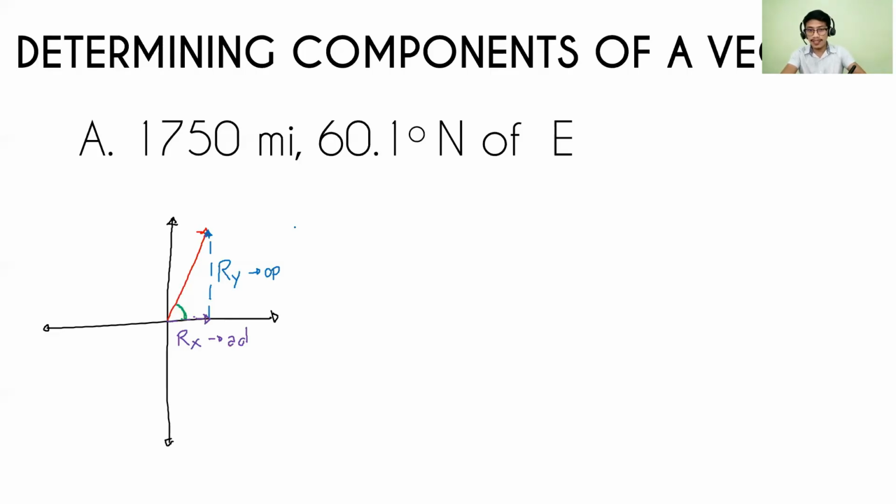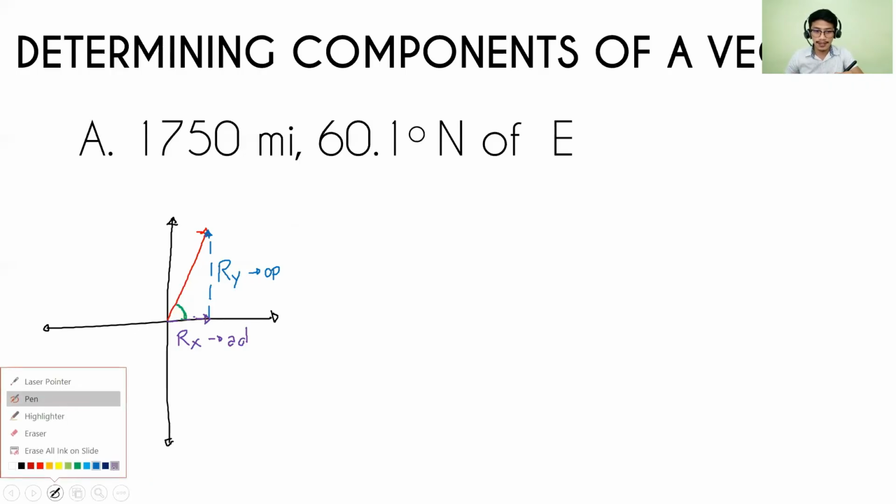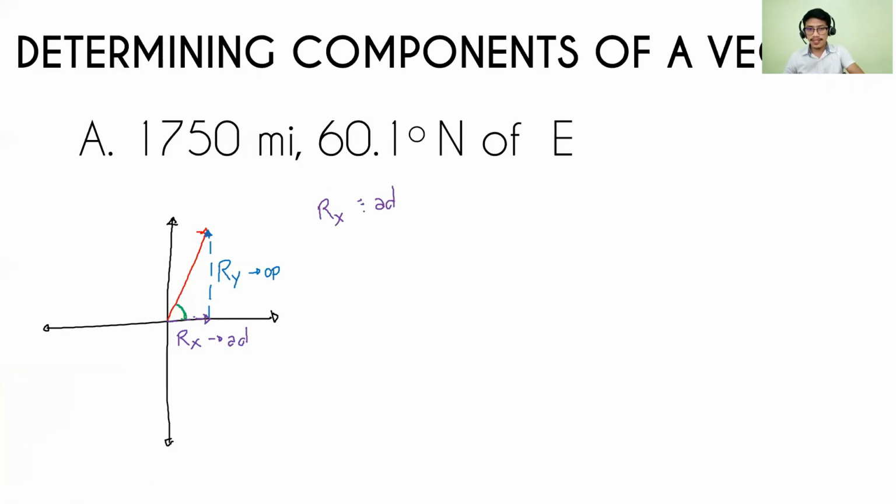So let us try to solve first Rx. Solve muna natin si Rx. Since Rx is our adjacent side, ano ba yung formula kapag adjacent? So Rx is equal to R times cosine theta because that is adjacent. R is 1,750 miles times cosine of our angle.